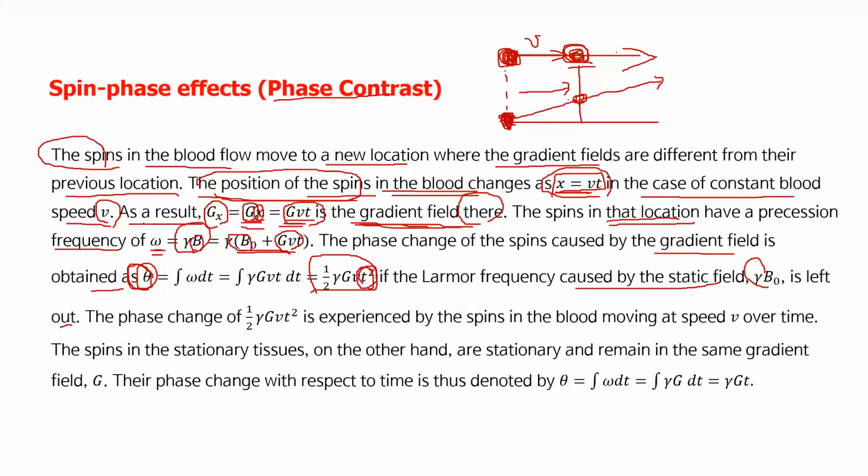So due to the movement of the blood, the nuclear spins in blood, the phase change is given by this relation.